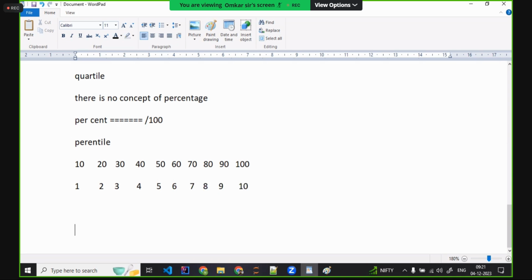Now in this, what is the median value? Let's take, how many values are there here? Even numbers, right? Let's take one more value.